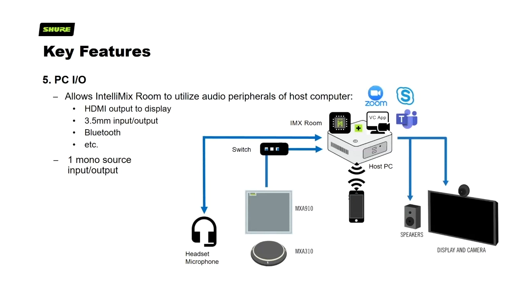And the PC interfacing is also allowed by the Intellimix Room, like I said before. Not only the HDMI or the analog interface like the 3.5 mm. Even if you want to use it with a headset microphone over USB, or using a sound card on the PC, even Bluetooth. You can have the Bluetooth interface and have the PC act as a headset, right?